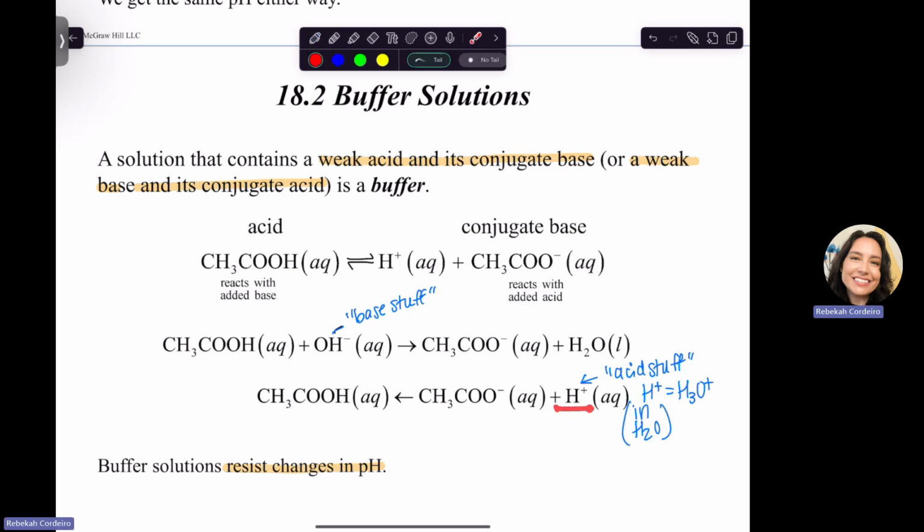So if I add acid, the base is going to react with the acid. Now this is kind of weird. I know they're showing you this reversed, but it's going to make weak acid. So really we're just shifting the reaction left and right. That's why in order to be a buffer, it's got to be a weak acid or base. It can't be strong because we need to be able to go left and right to shift the reaction to eat up all that excess acid or base.